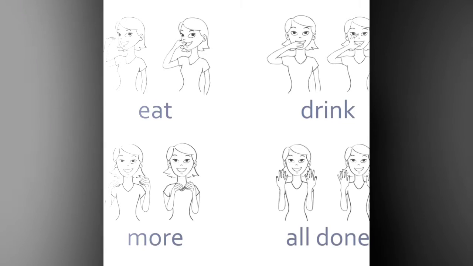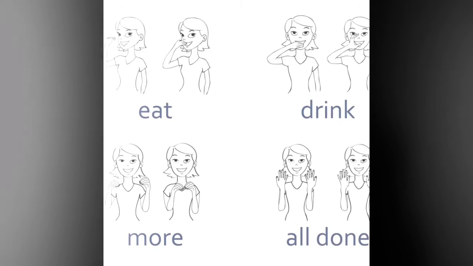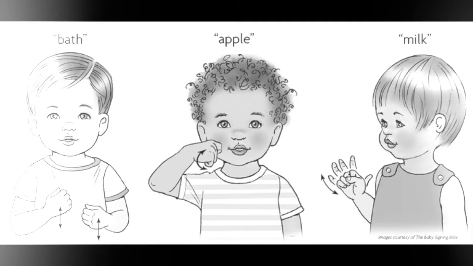Another application that's good for caregivers to have is, if you so choose, you can learn about baby sign, which is essentially a form of sign language to help children communicate before they have verbal language.